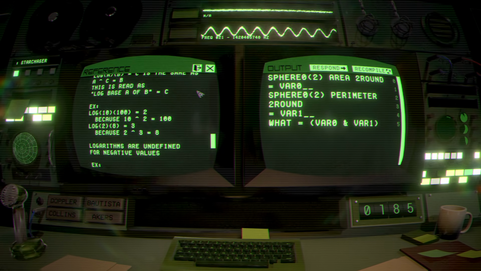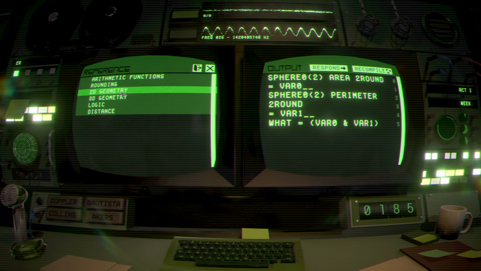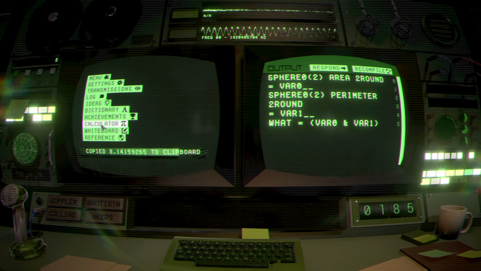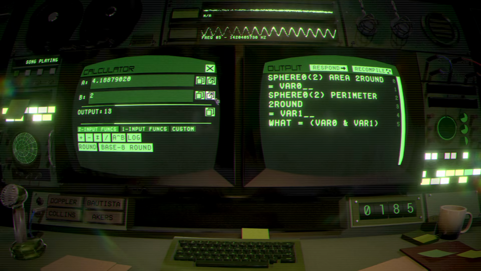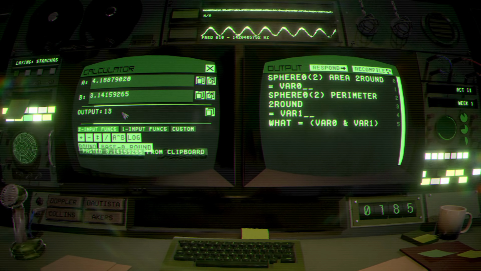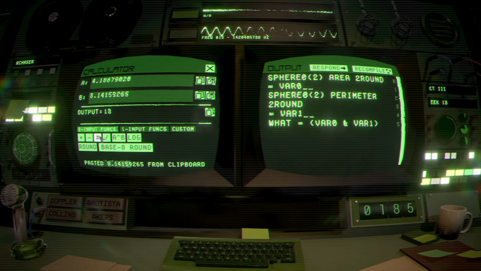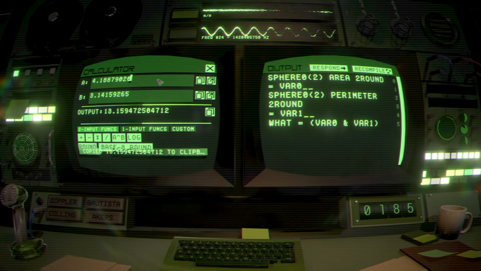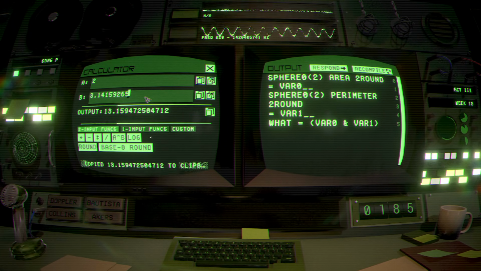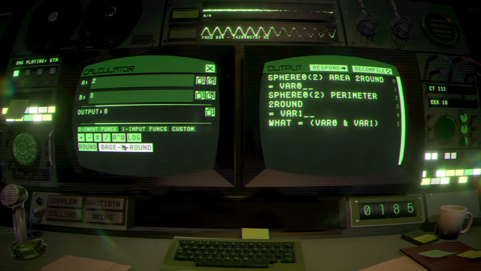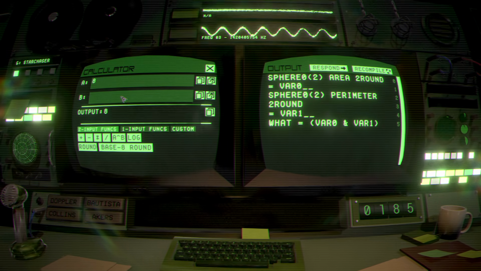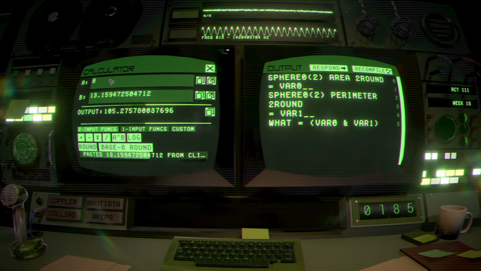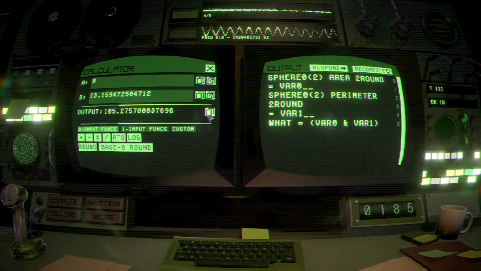So this is 4/3 times pi. Copy that. And then we want the radius. In this case, 2 to the power of 3 is 8. Then we want 8 times this number, and we round that to 2.